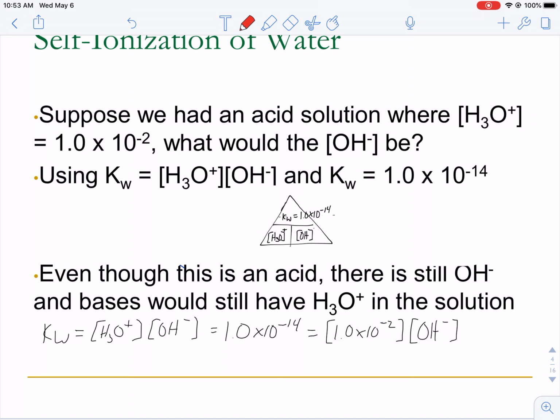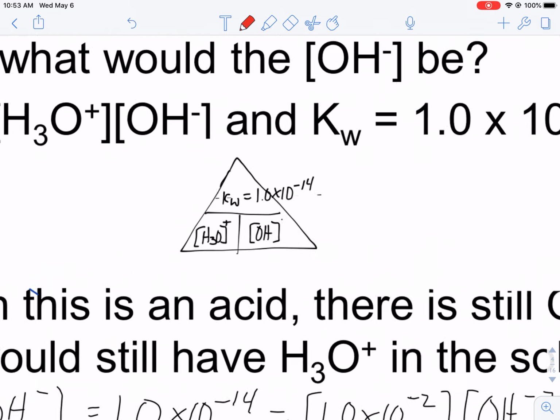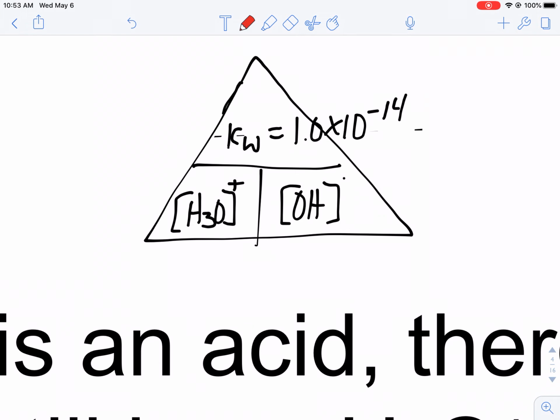I can use KW equaling 1 times 10 to the negative 14th to go ahead and calculate this. You can see I put this in a triangle. Hydronium concentration times the hydroxide concentration is going to equal my 1 times 10 to the negative 14th.